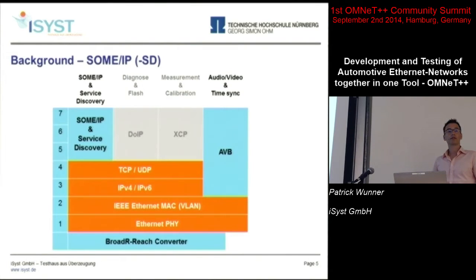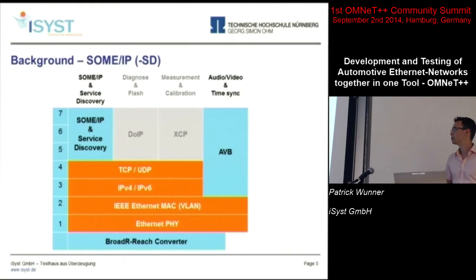The protocol SOME/IP with service discovery. Here you can see where it is located in the OSI model. It is based on TCP and UDP, and because of this we can use the INET framework and extend it with a UDP app and implement the SOME/IP protocol in the UDP app.